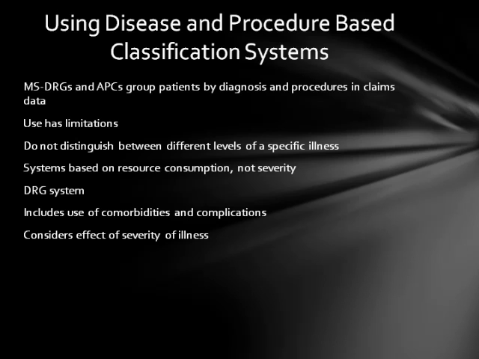The system is based on resource consumption, not severity. The DRG system includes the use of comorbidities and complications, which considers the effects of severity of illness. Either way it goes, in the end, whoever is the most severely ill patient is going to receive the treatment first.